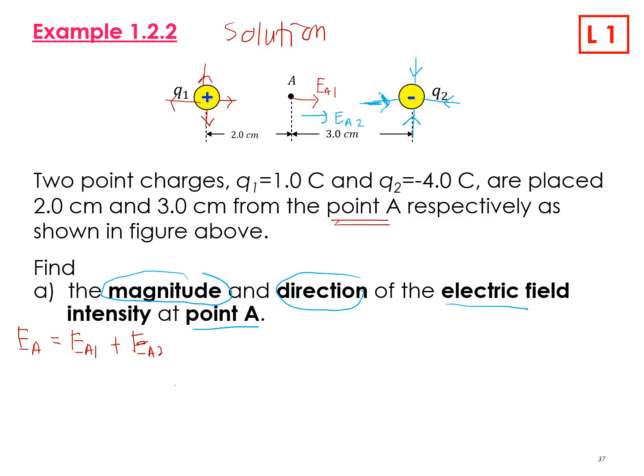Since both EA1 and EA2 are directed to the right, both are positive.